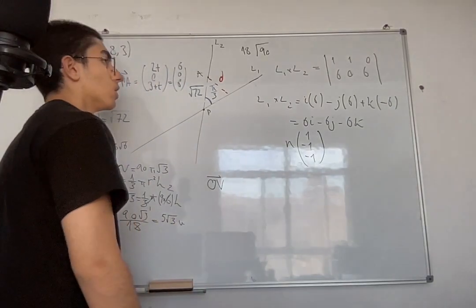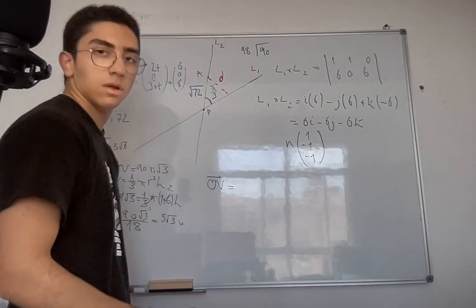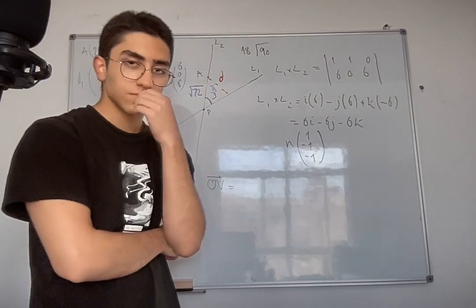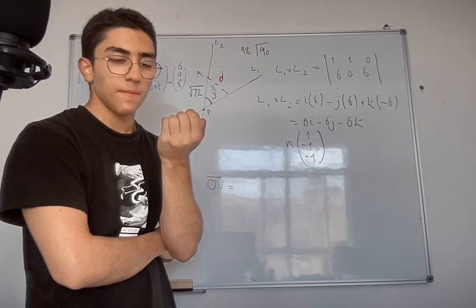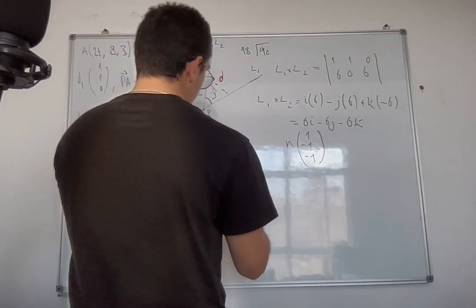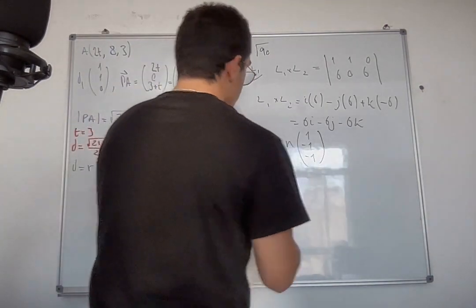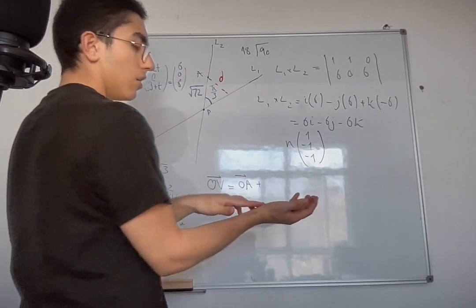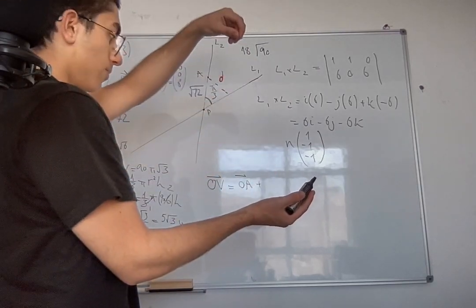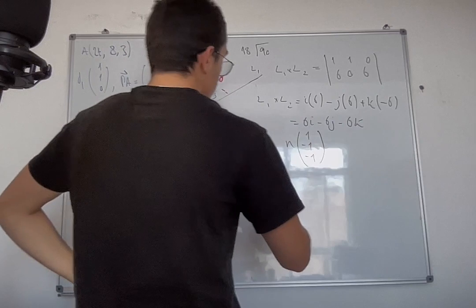OB is given by OA plus, imagine it like this, it's centered at A, so from A up to here, we have to add the direction vector, which is going to be the same as the normal vector.